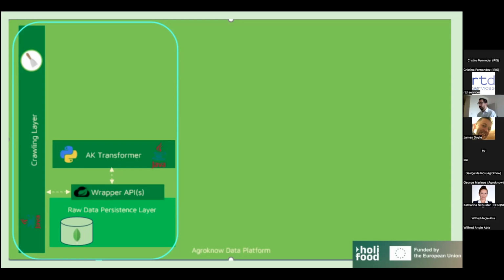And our transformer, AK transformer, which is a project in mixed Java and Python, because as we said earlier, each source has its own format, and we need the format and the properties, all of them, to be homogenized. This specific module is responsible for harmonizing them in order to follow our internal schema.